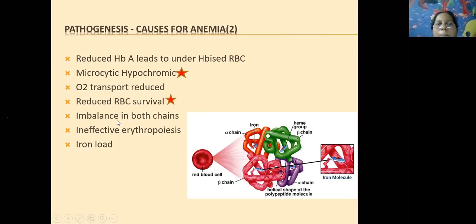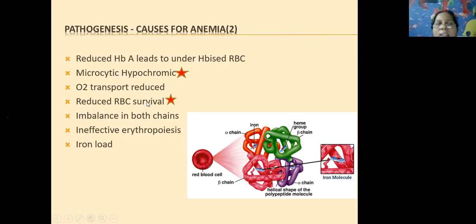And then imbalance in globin chains. Beta is deficient, so there is excess alpha chain. How does it combine with beta when beta is deficient? It cannot. So this alpha chain tends to precipitate. Those RBCs are ineffective erythropoiesis.